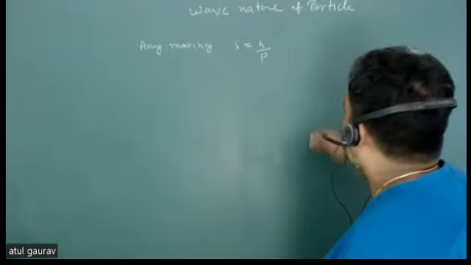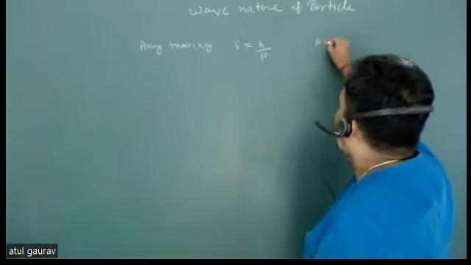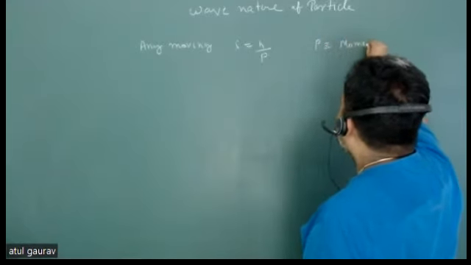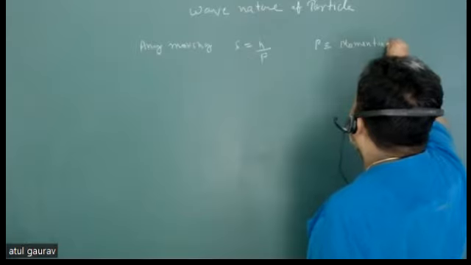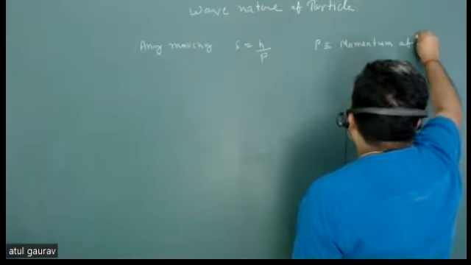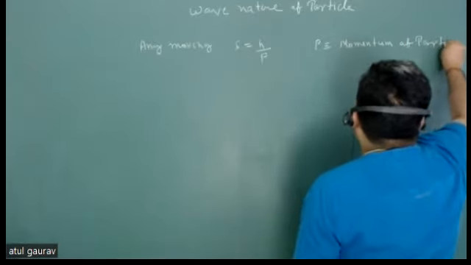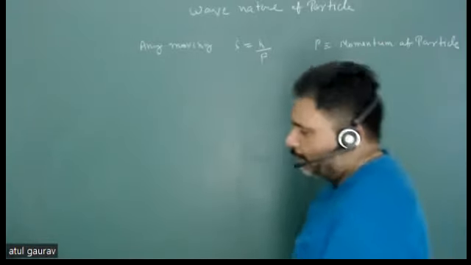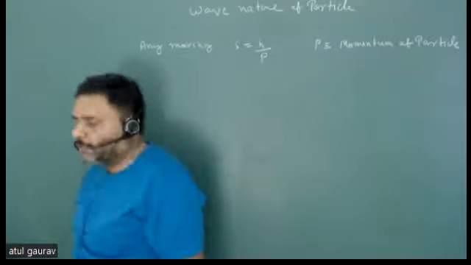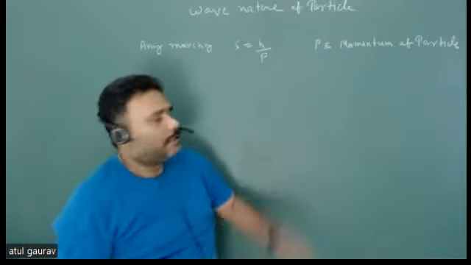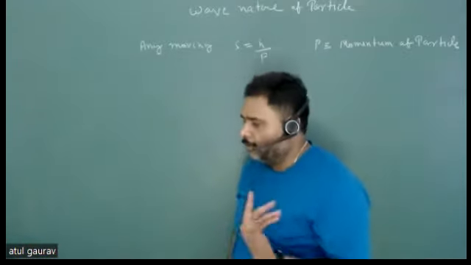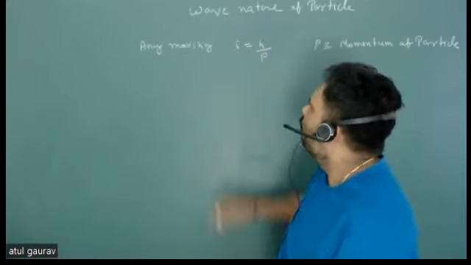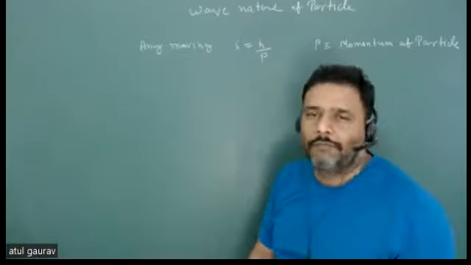The momentum of the particle, where p is nothing but the momentum of the particle. So this is all about the de Broglie wavelength. Simple stuff, and you can easily calculate the wavelength of a particle if you know the momentum of the particle.